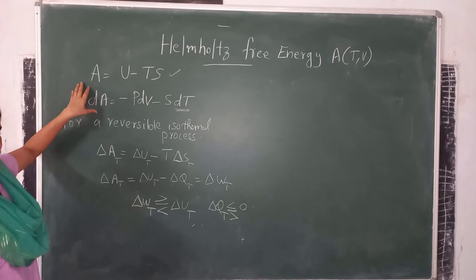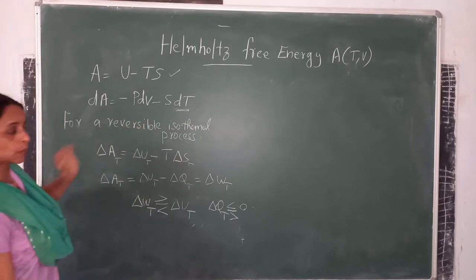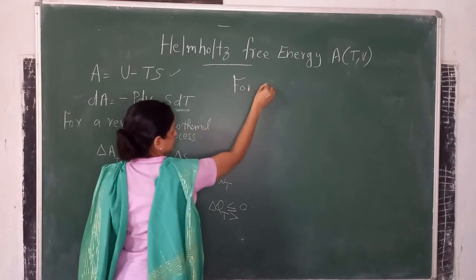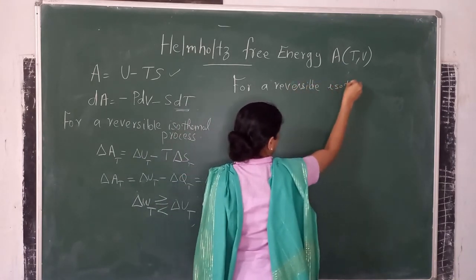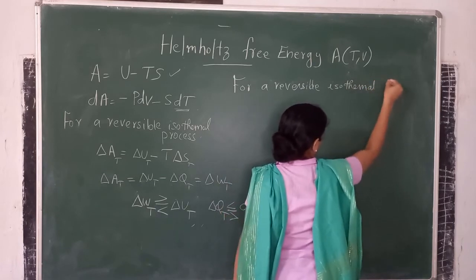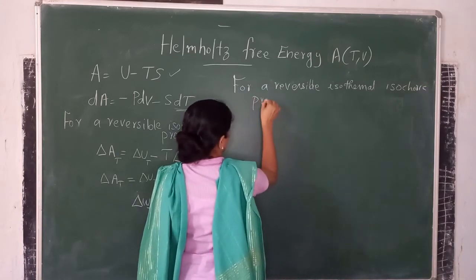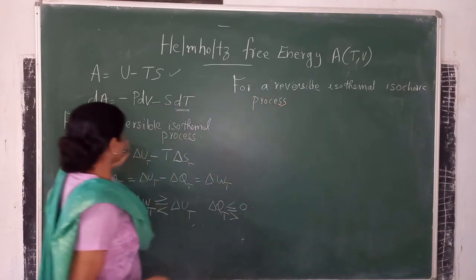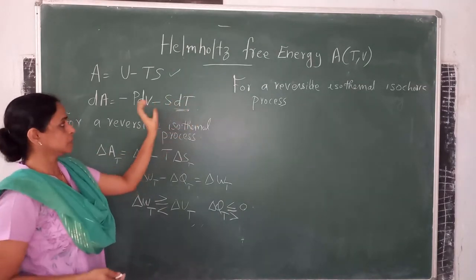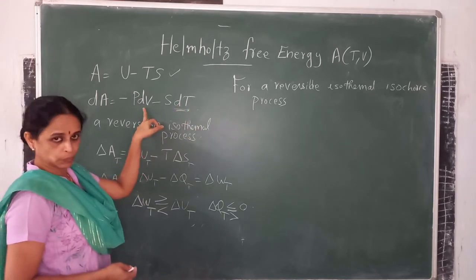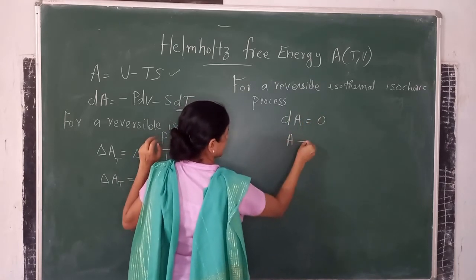From this equation we can write, for a reversible isothermal isochoric process, that is, constant temperature and constant volume, dA should be equal to 0, or A is a constant.